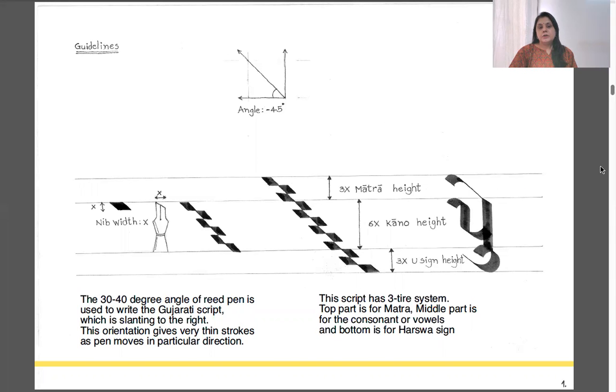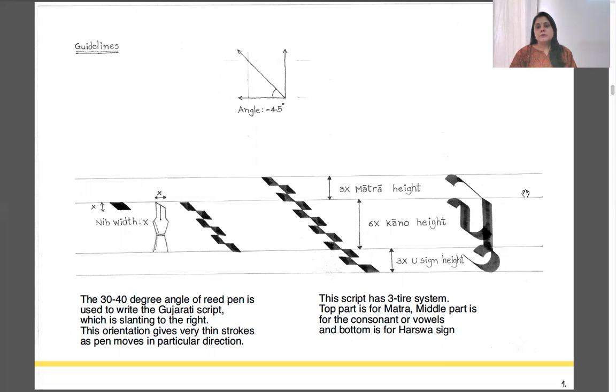A 30 to 40 degree angle of the reed pen is used to write the Gujarati script, which is slanting to the right. This orientation gives very thin to thick strokes as the pen moves in a particular direction.